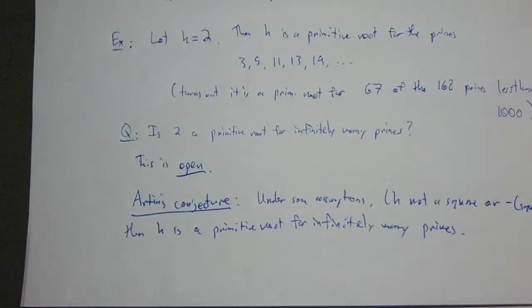And in fact, there was a specific ratio. Basically, h is a primitive root for a positive proportion of primes.